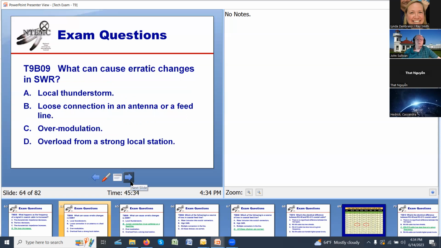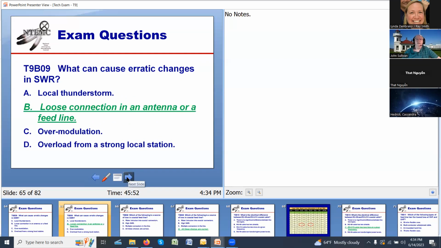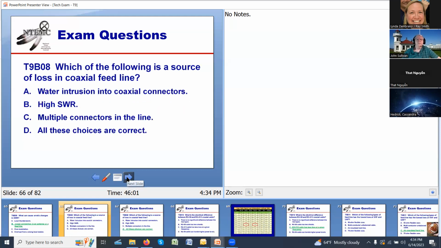Well, it's not going to be your local thunderstorm or an overload from a local station, because remember, the SWR has to do with how the energy is traveling through your antenna system. So if you have a loose connection in the antenna or feed line, it's going to cause erratic changes. If it's loose, it's going to make good connection, bad connection, it's going to vary, right? So that would be a loose connection in an antenna feed line.